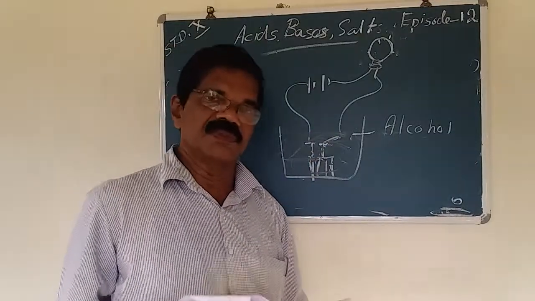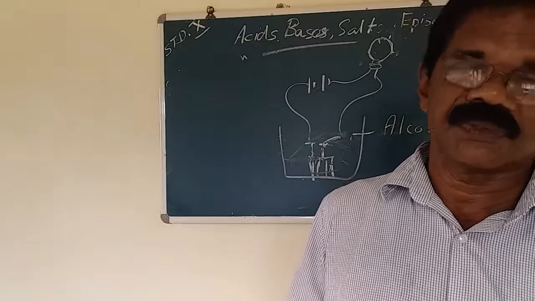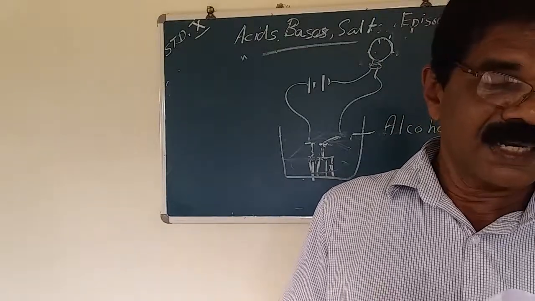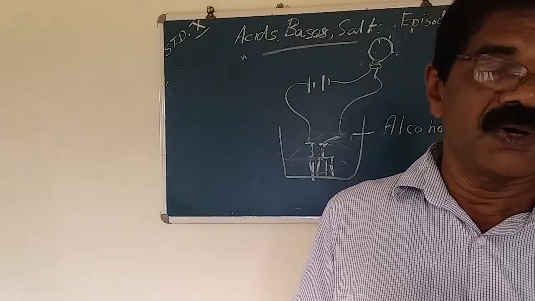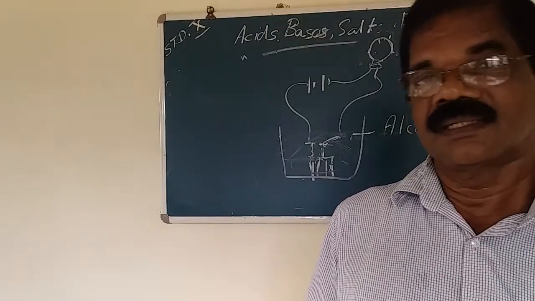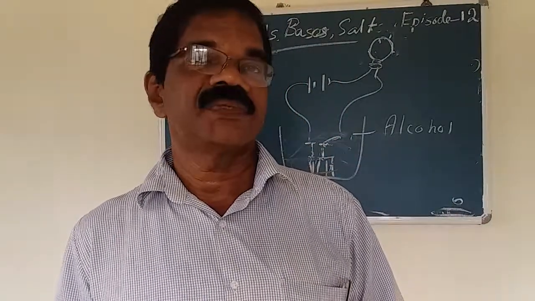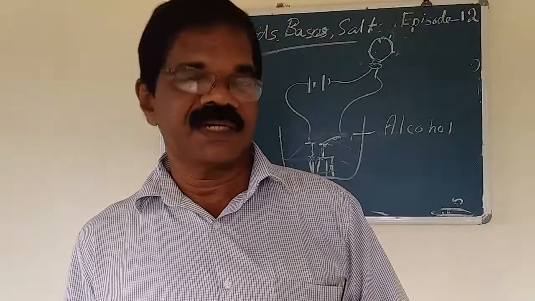What does this prove? This simple experiment, which you have studied in the lower classes, proves that alcohol and glucose, though they contain hydrogen, are not categorized as acids. That means they do not dissociate into ions. They do not produce hydrogen ions.